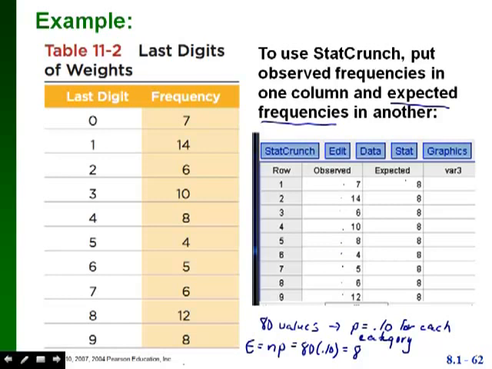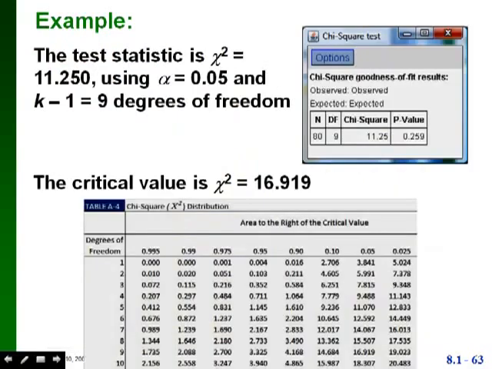So what we would do is just type these two sets of values into StatCrunch in 2 columns. I went ahead and named these columns observed and expected so that I would remember which one was which. Now if we do a goodness of fit test with StatCrunch, then here are the results that we get. And notice it tells you which columns you picked for the observed and which you picked for the expected, just in case they're named something differently.